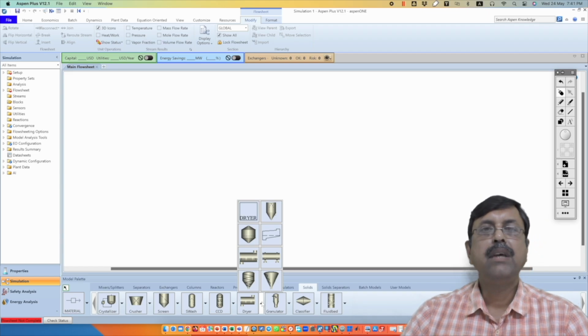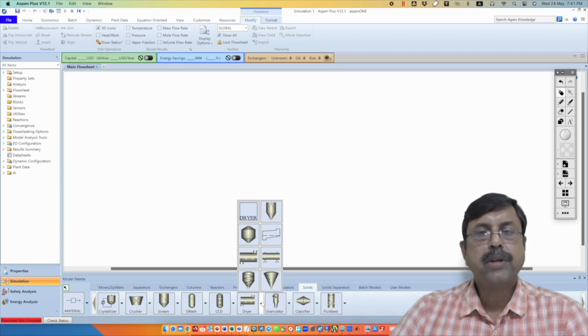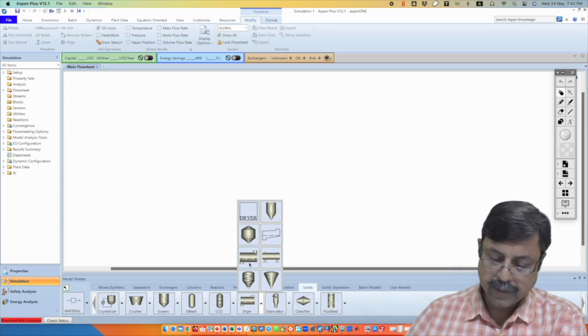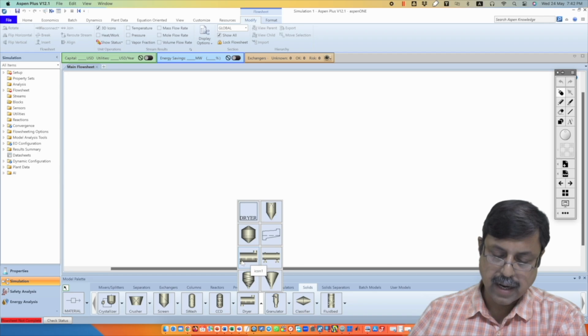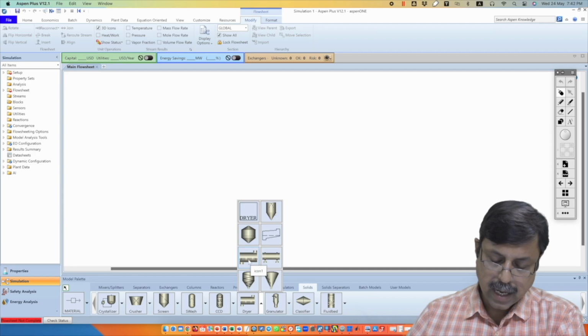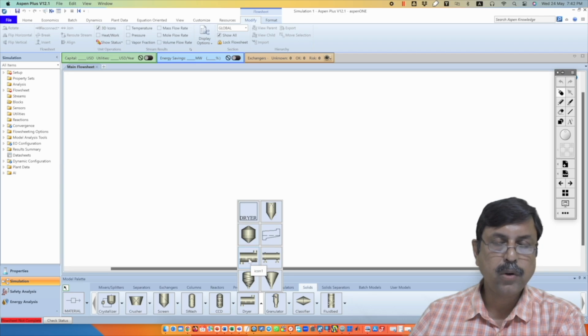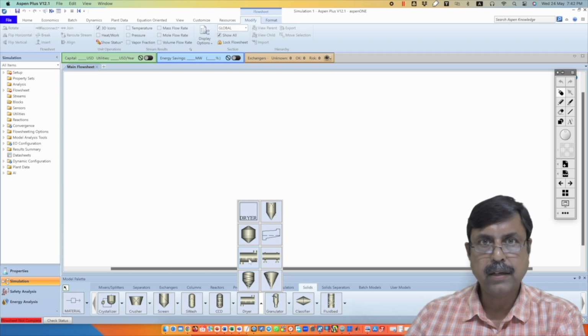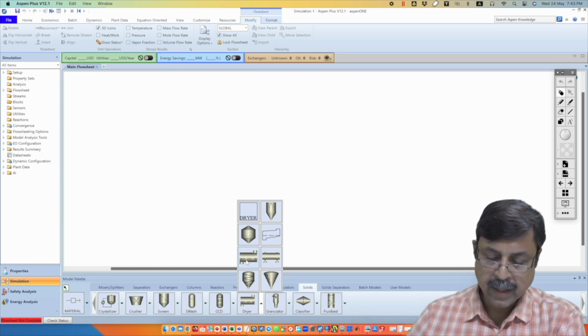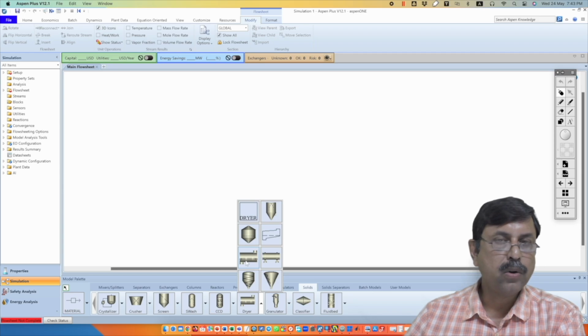But just to give a feel of the type of dryer you are using, for instance, this looks like a convective dryer, and here you will find the conveyor belt which carries the solid, and the heating gas is fed through this nozzle and it goes out from this nozzle. And if the conveyor belt operates clockwise, then it is co-current fashion. At least for this particular picture, it is co-current fashion. If it operates in the counterclockwise direction, then it is a countercurrent model.